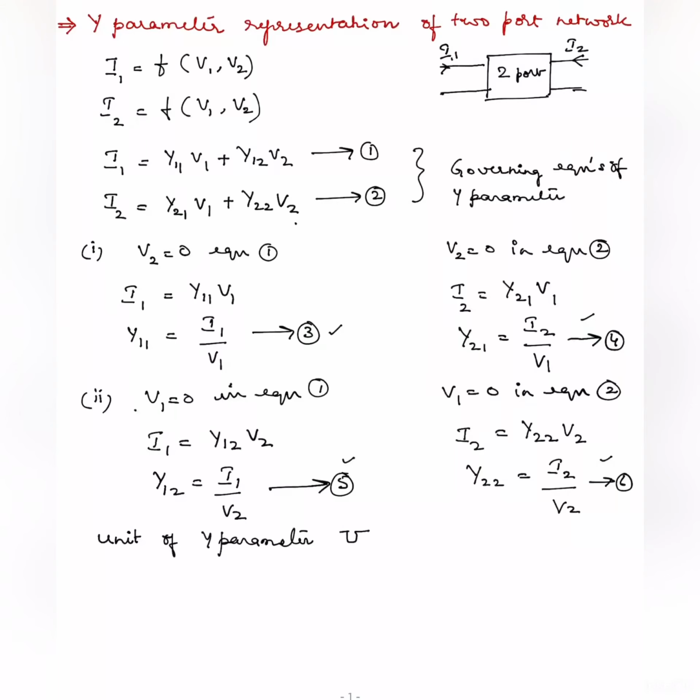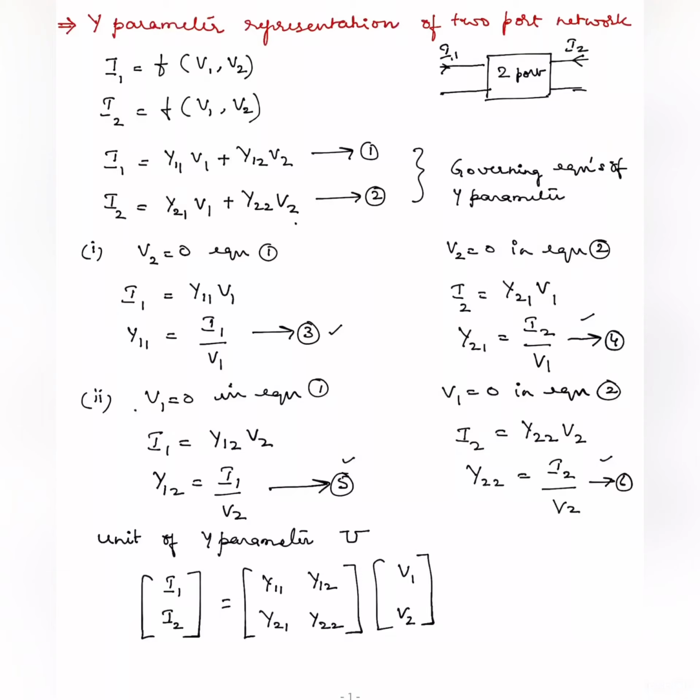Okay. So we have got the Y parameters. Now we'll represent the Y parameters in terms of matrix. So Y parameters can be represented as I1, I2 here, and this would be Y11, Y12, Y21, Y22 into V1 and V2, a matrix.